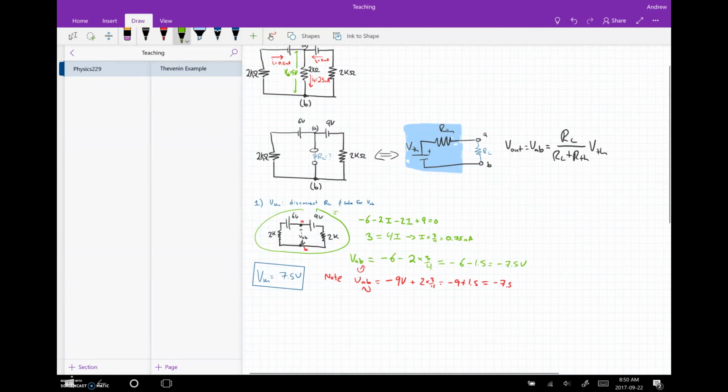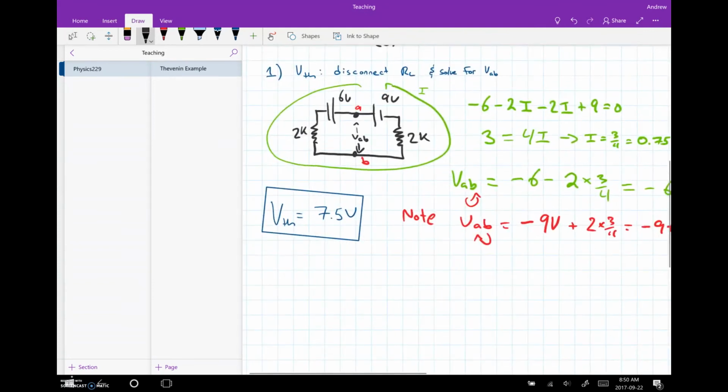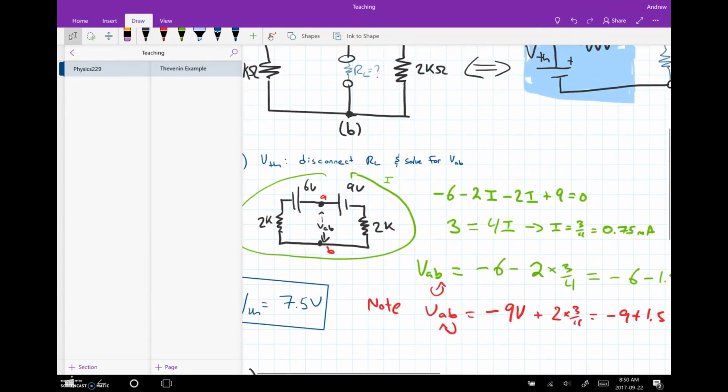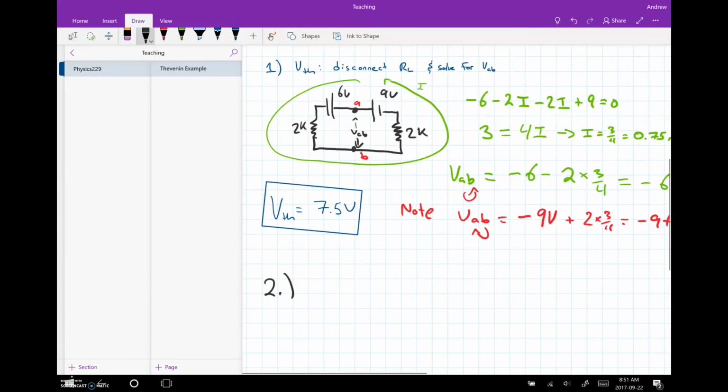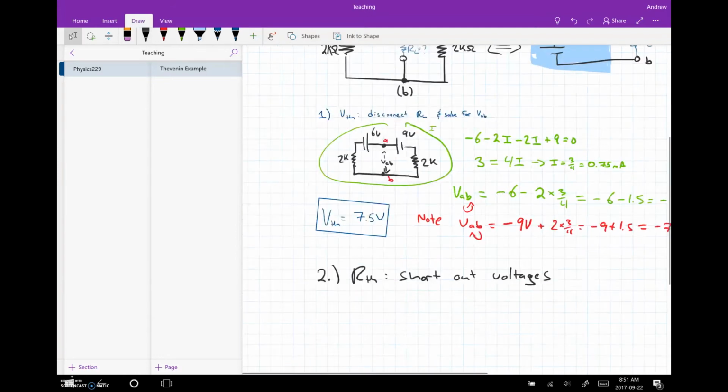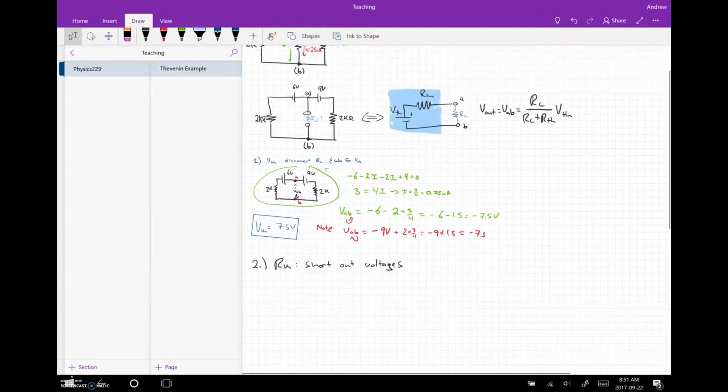Great. So step 2, we're going to get our Thevenin equivalent resistance. So for our Thevenin, we simply short out the voltages and find resistance.